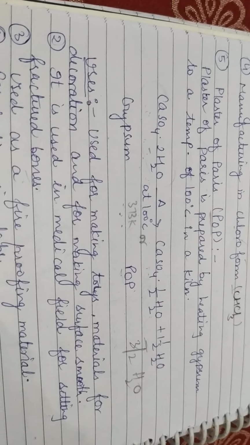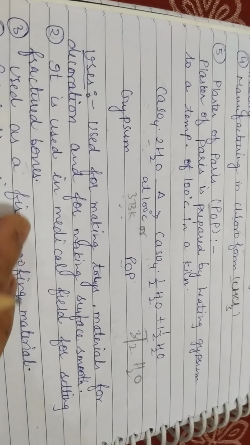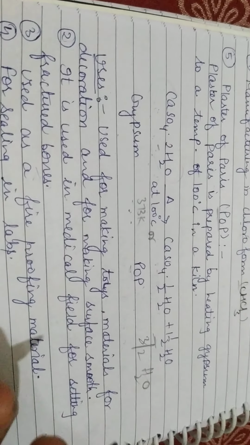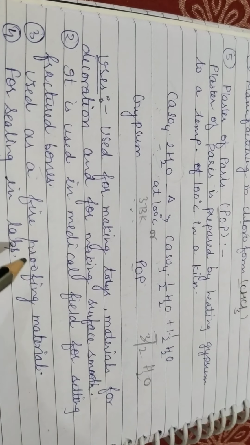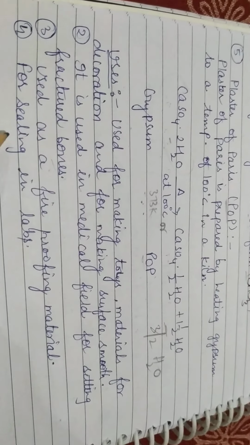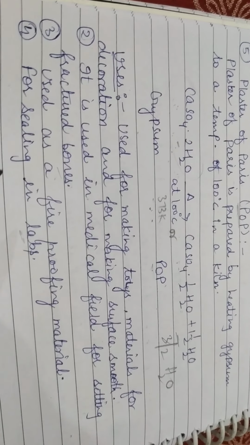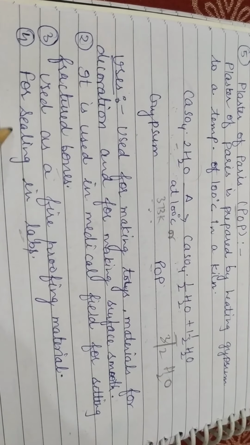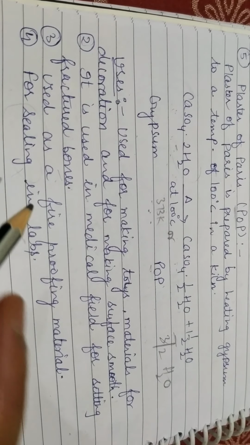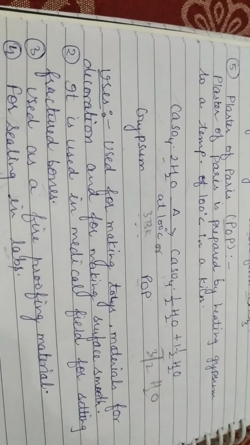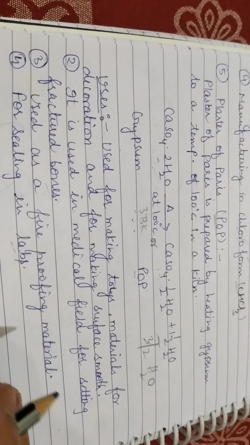POP is used for plasters because it is a hard material. It is also used as fireproofing material, and for sealing in laboratories or chemistry labs so that air cannot pass out through the source, right? So this is all about the salt.